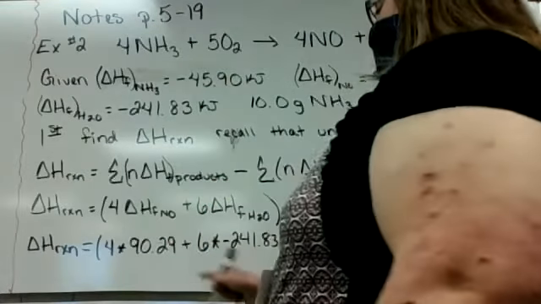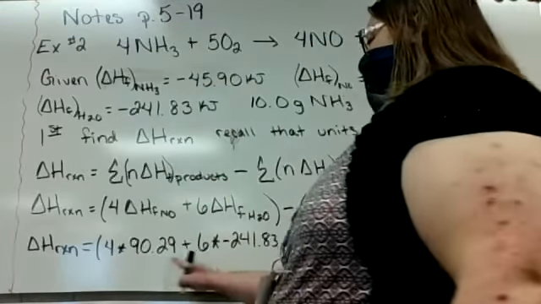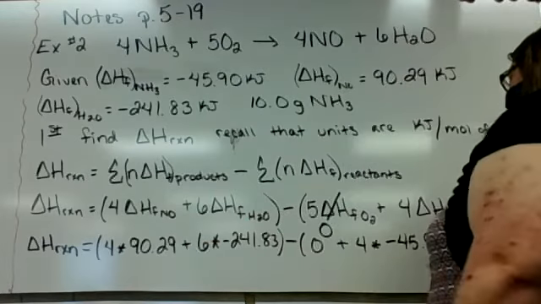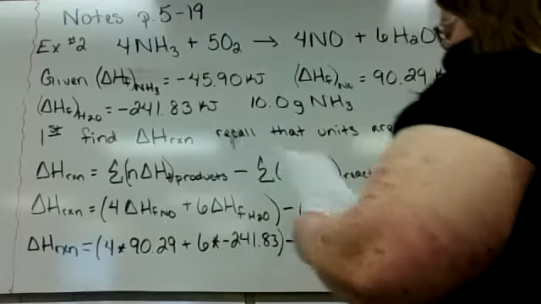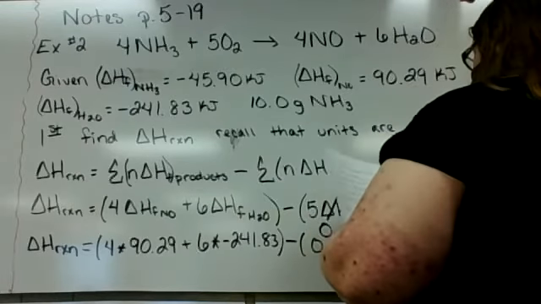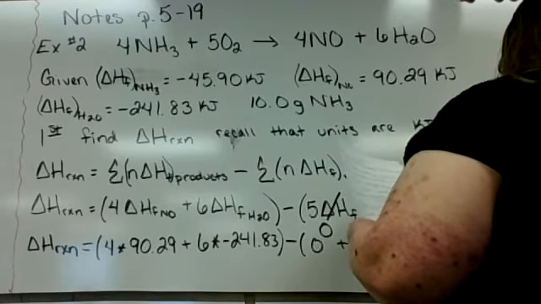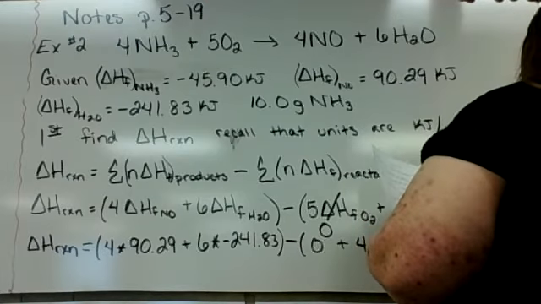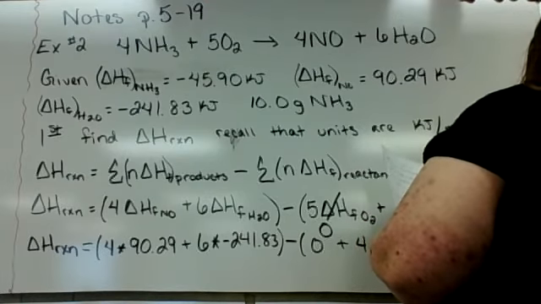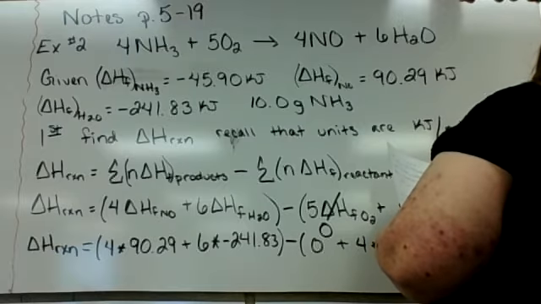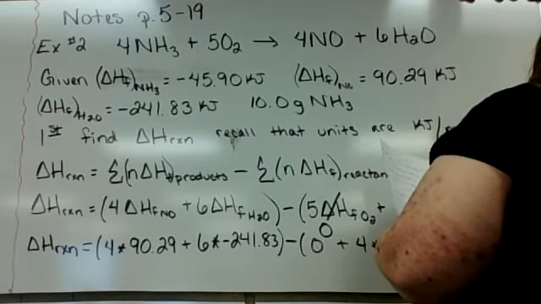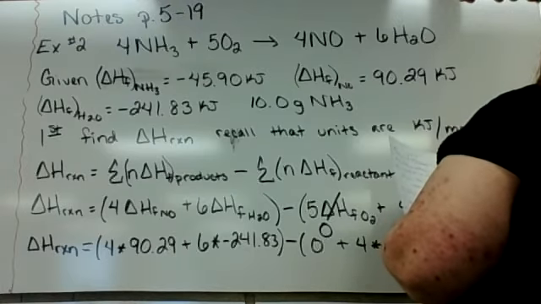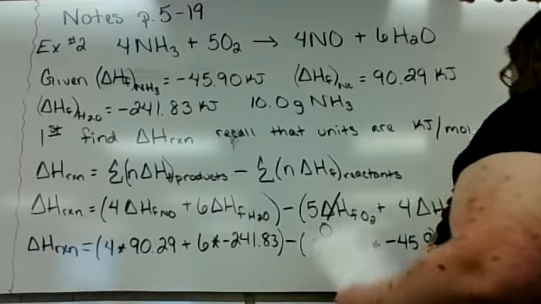Put parentheses around the first sum, and then subtract, and then put parentheses around the second sum, and you'll get it. And you get negative 906.22 kilojoules per mole of reaction.